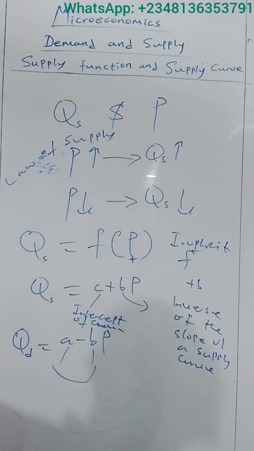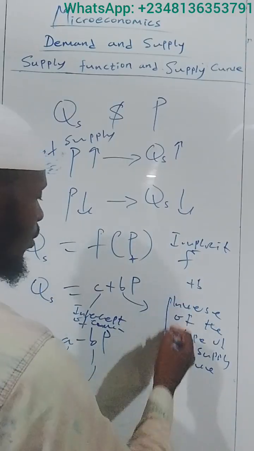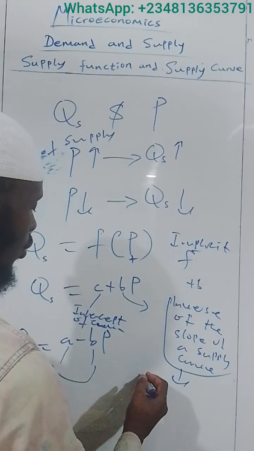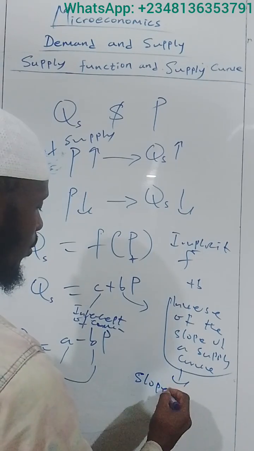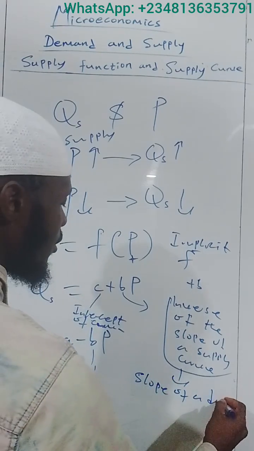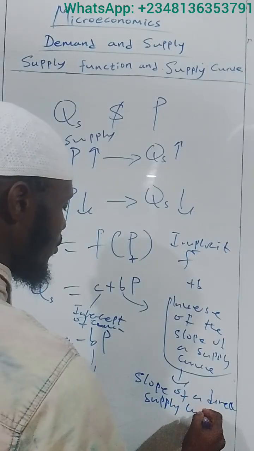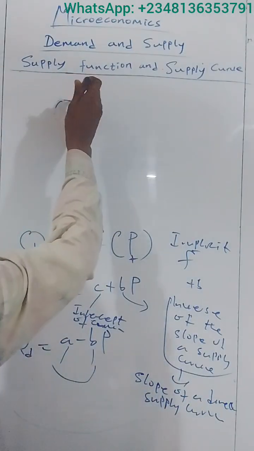Inverse of the slope of the supply curve, in other words, which is equivalent to the slope of a direct supply function.